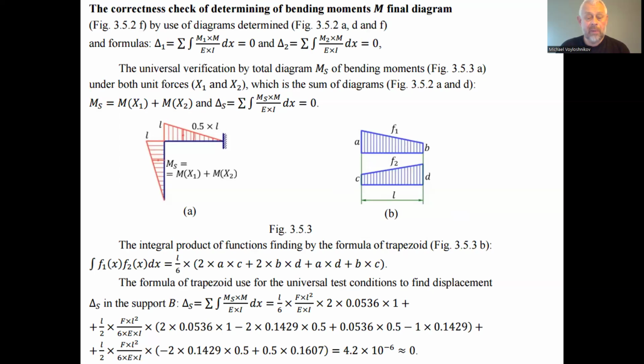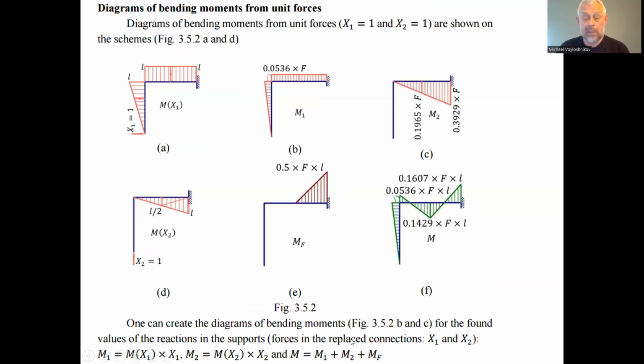It has to be equal to 0 if we load the mechanical system by the diagrams of bending moments acting from the support reactions x1 and x2, and from the external load force. All these diagrams correspond to the displacement in the point A equal to 0.